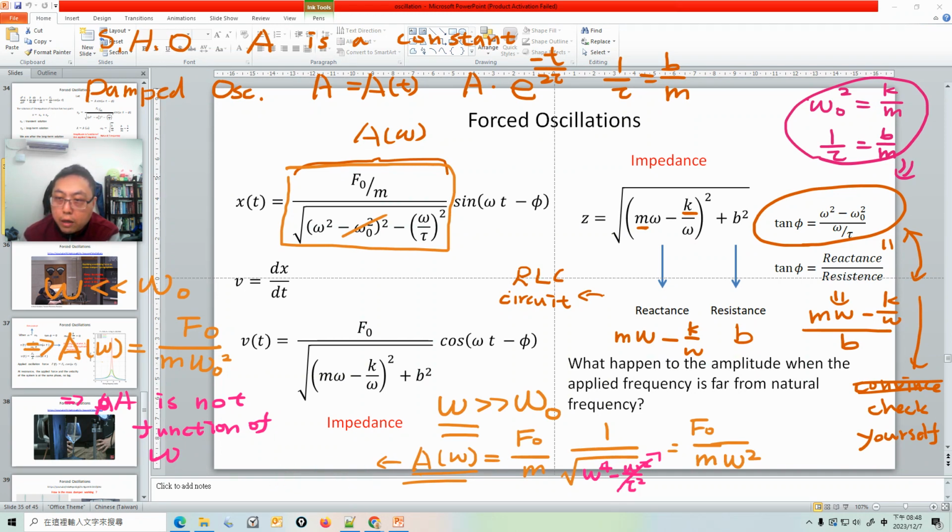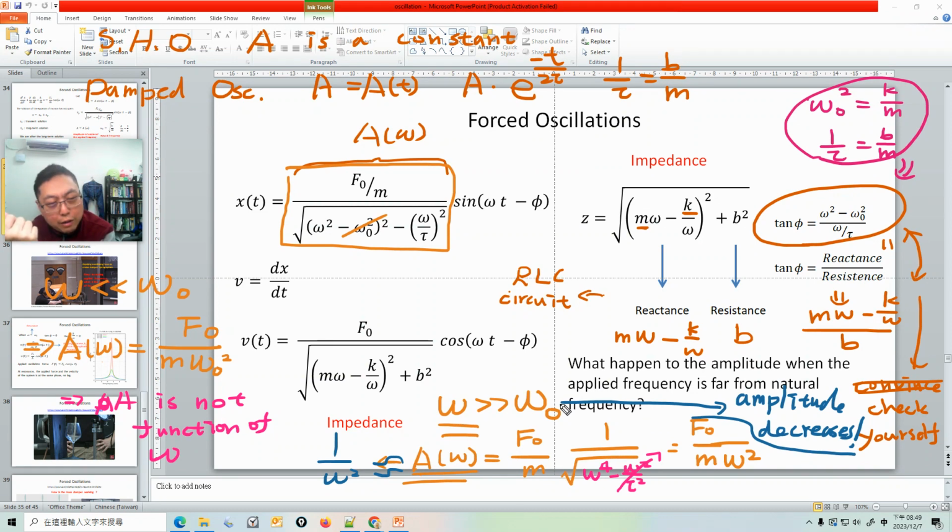Roughly, 1 over omega square. That means when your applied frequency is very high, your amplitude decreases. Very strange.